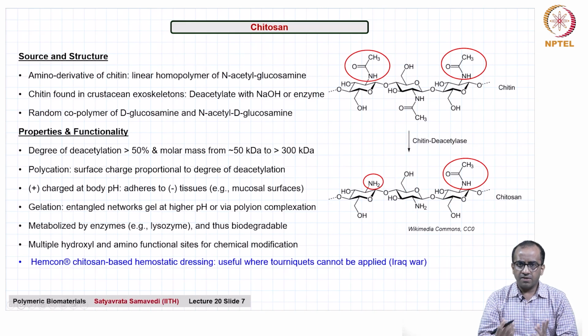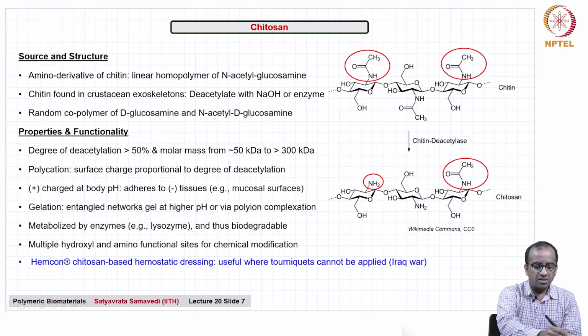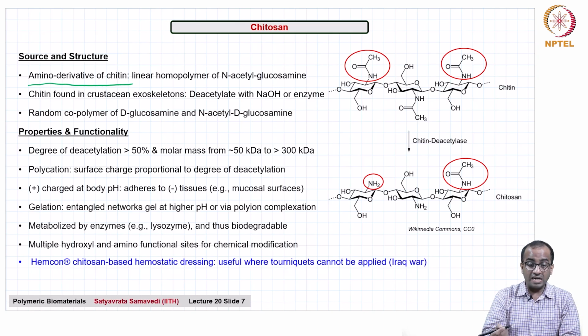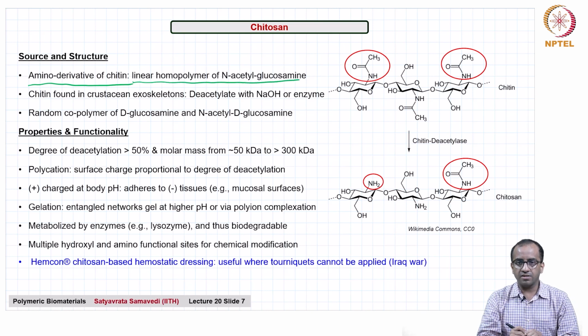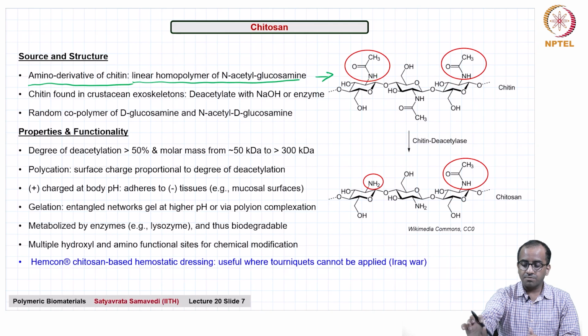Chitosan is a very, very famous polymer, again widely used in many applications both in research and in the clinic. It is an amino derivative of chitin, which is found in crustaceans. It is a linear homopolymer of N-acetyl-glucosamine, that is chitin, and chitin structure is shown here. So, you can see that the rings have these amine groups that stick out that have been now substituted with the acetyl group as shown here.